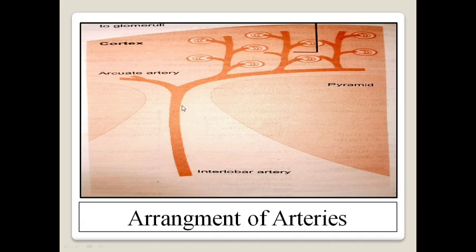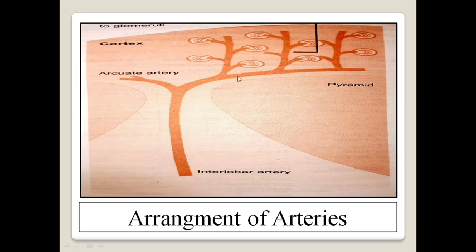So after reaching the level of the base of the pyramid, this is the base of the pyramid, this is the apex of the pyramid, this interlobar artery divides into the arcuate artery. So one arcuate artery to this side, one arcuate artery to this side, and suppose any other lobe pyramid is here, it will again progress as the arcuate artery from here at the level of the base of the pyramid.